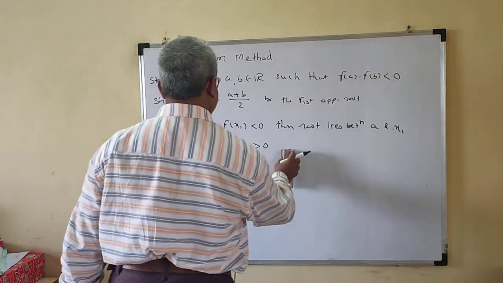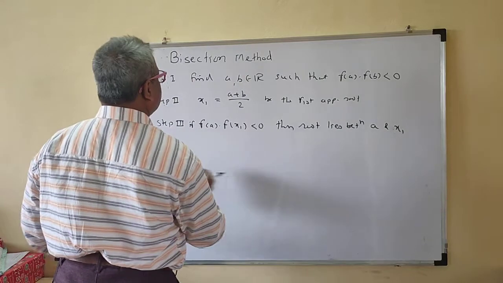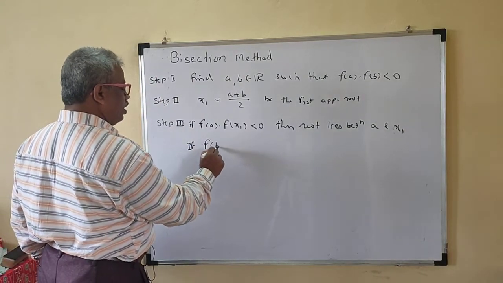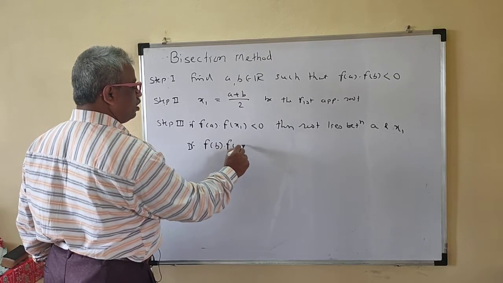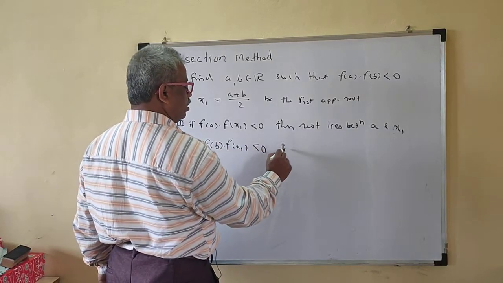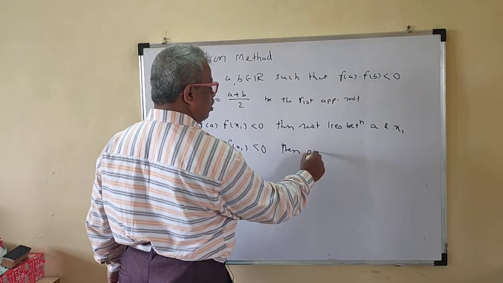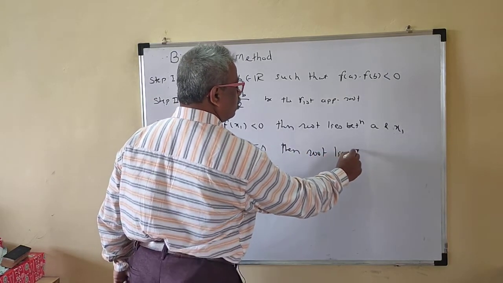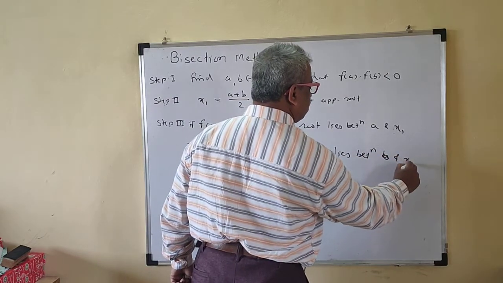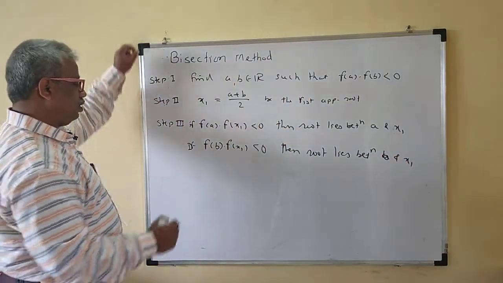So if f of b into f of x1 is less than 0, then the root lies between b and x1.